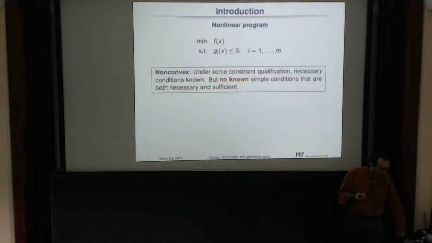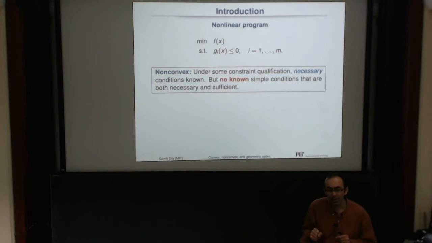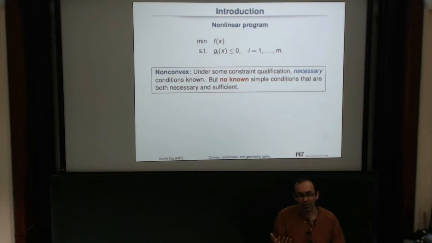And therein lies the problem: for non-convex, these necessary conditions are known and you can easily create them, but there are no known simple conditions that are both necessary and sufficient. And when I say simple, you could write down all sorts of conditions, but they might be tautological and computationally hard to verify.